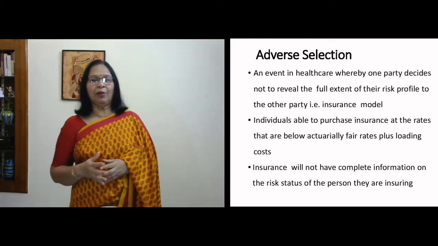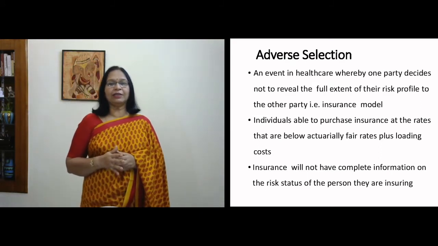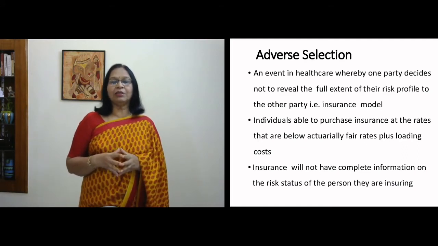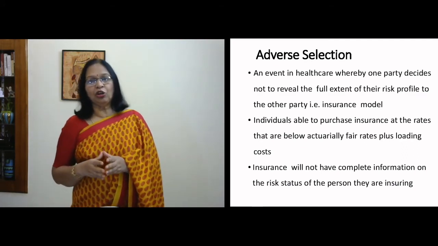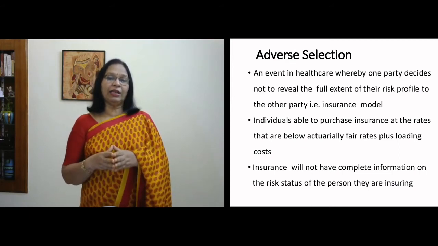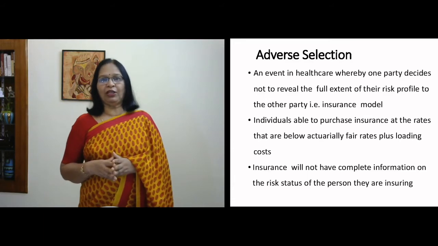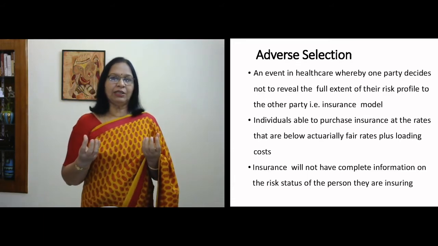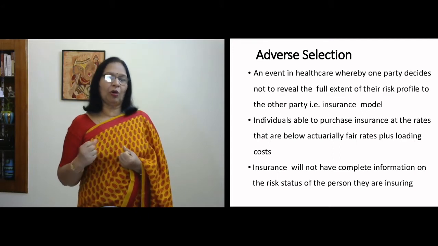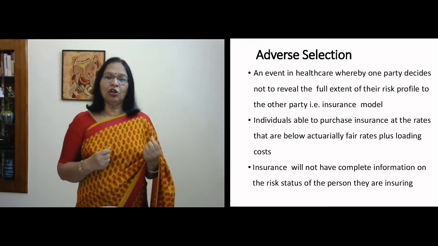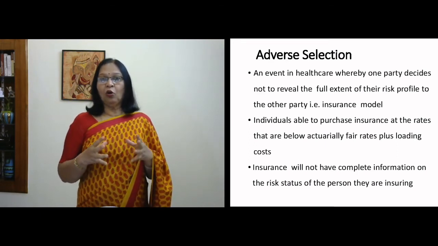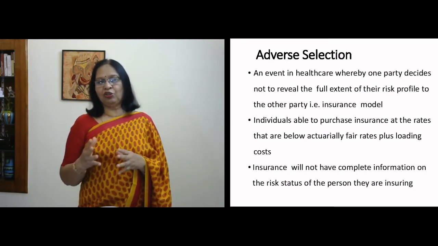There is another peculiar problem called adverse selection. In the case of adverse selection, the insuring company can make a mistake in selecting the wrong people to provide insurance. There are two parties here: the insurance company and the insured individual or policyholder. The insured person may not have provided all the necessary details to the insurance company.